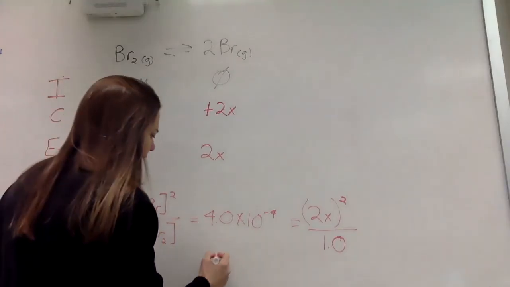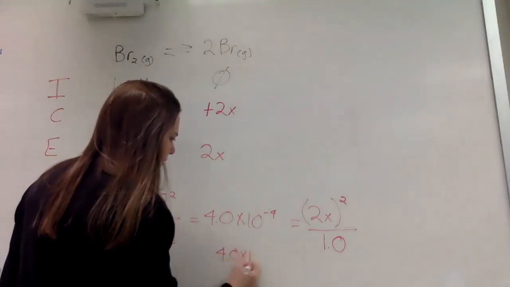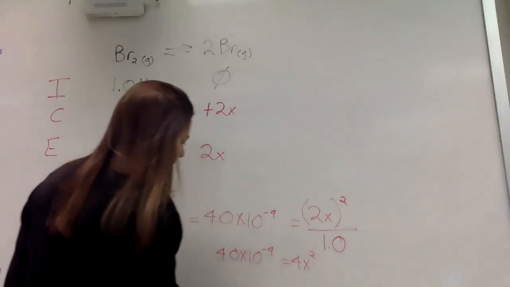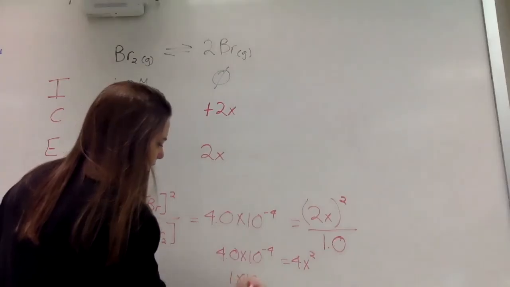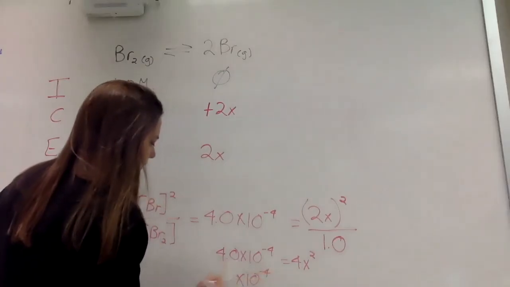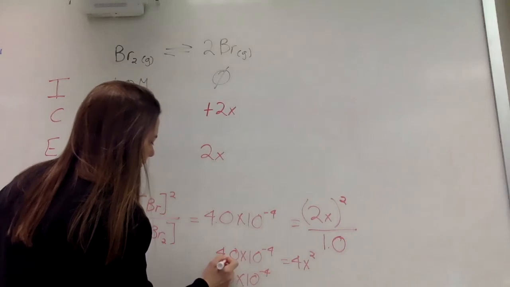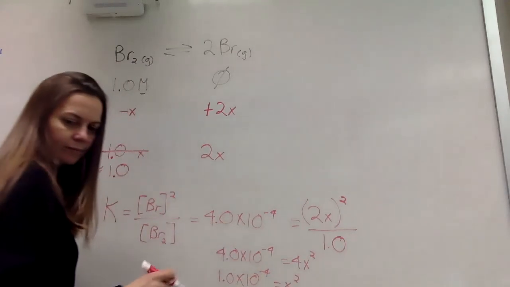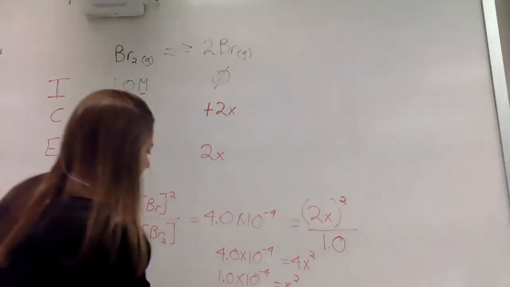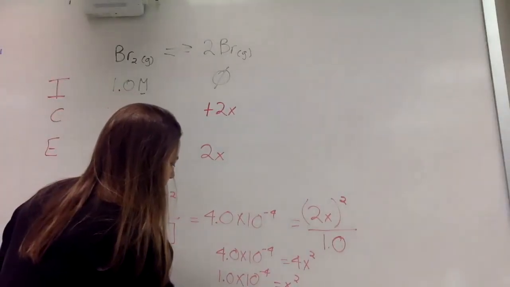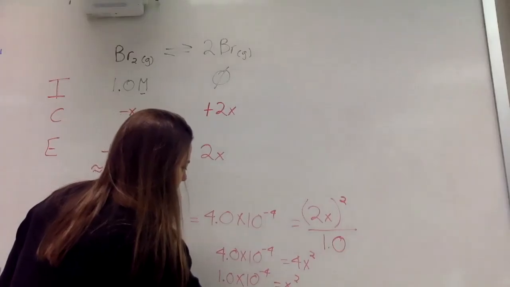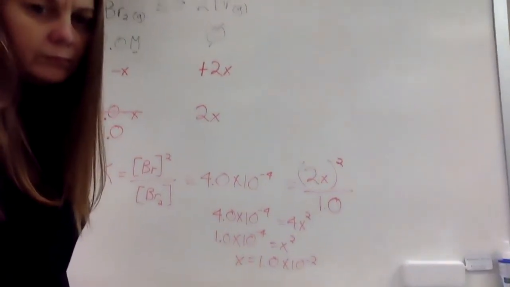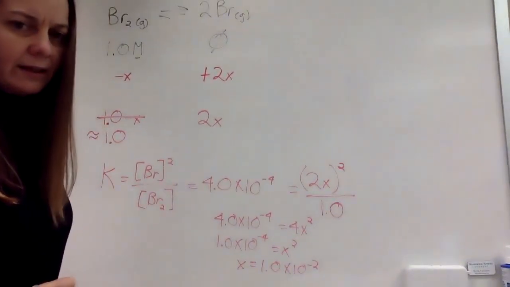And so I have that 4 times 10 to the negative fourth is equal to 4x squared. So I have 1.0 times 10 to the negative fourth is equal to x squared. So that means that x is equal to 1.0 times 10 to the negative second.